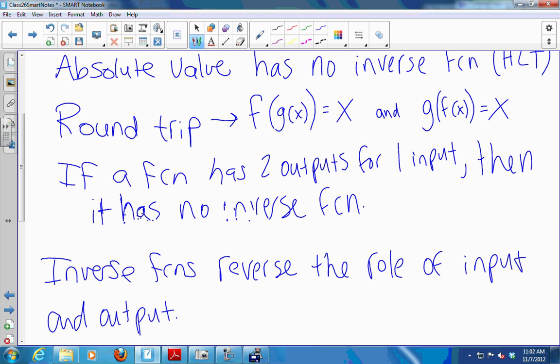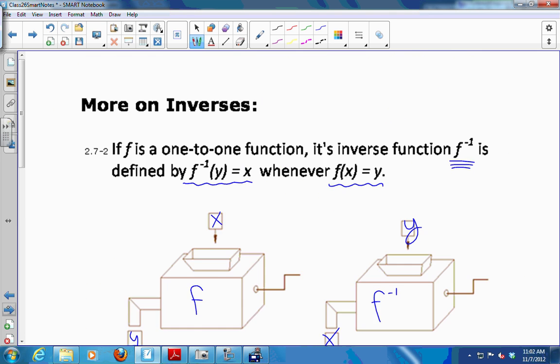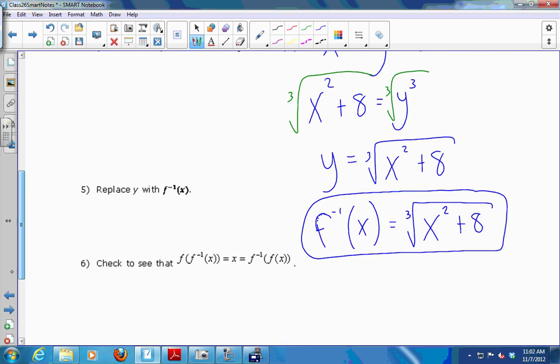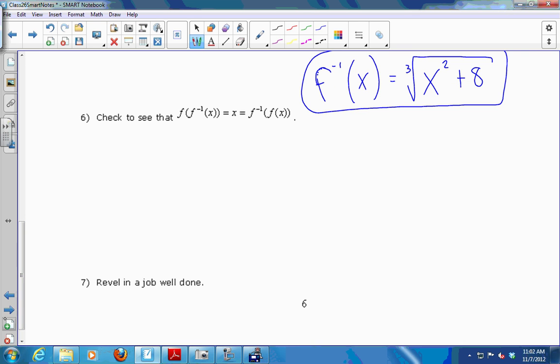So this is how we check our work to see if our inverse function is correct. I'm going to compose it with the original function and see if I get X back. So let's do F composed with F inverse of X. We'll do this one first.